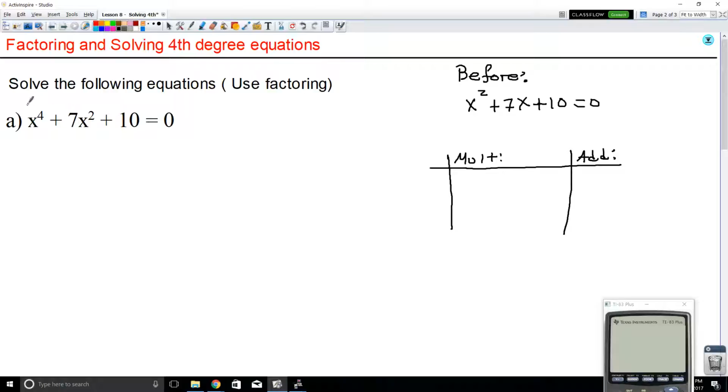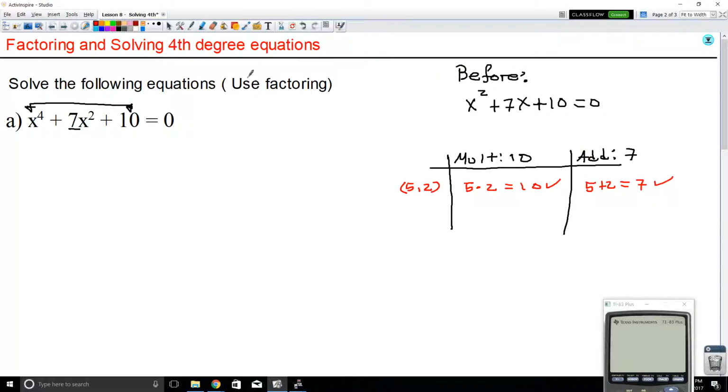Here the multiplication will be 10, and the addition will be 7. It might be straightforward: 5 and 2 will give you that. Just to be sure, 5 times 2 is 10, that's good, and 5 plus 2 is 7.